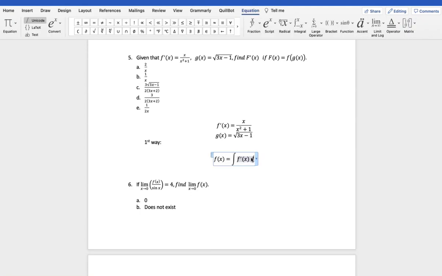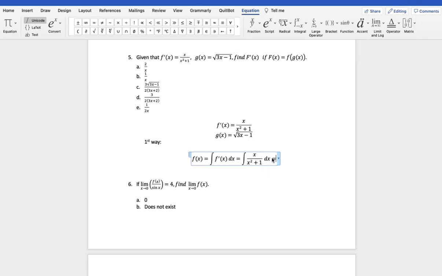But now, if you look at the equation that we're given here, it's x over x squared plus 1. So you would have to take the integral of x over x squared plus 1, which, as you can see, is not a straightforward integral.